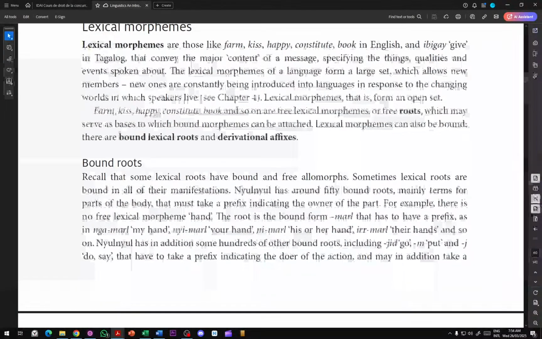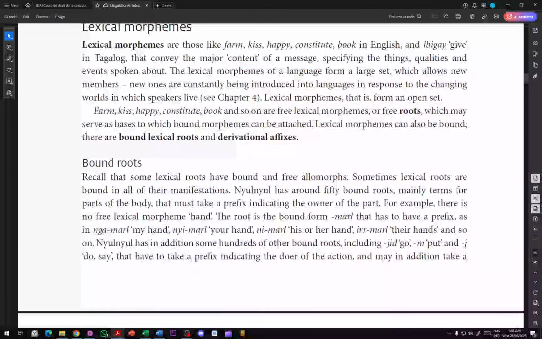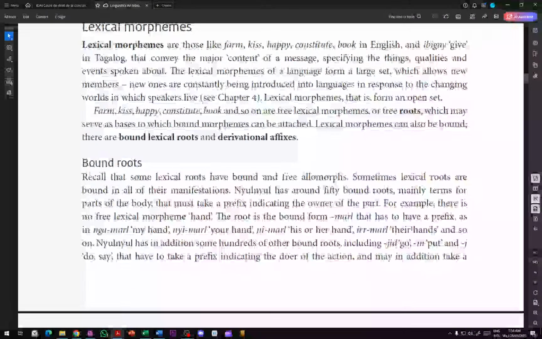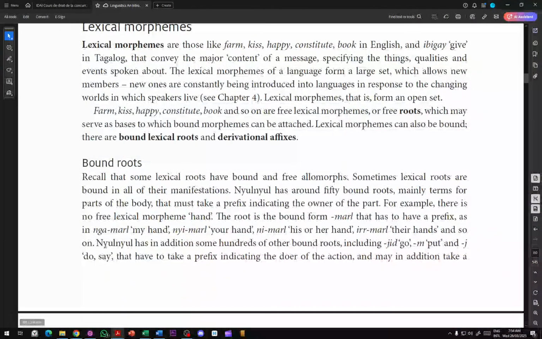The root is the bound form moral, that has to have a prefix, as in ngamarl, my hand, and nimarl, your hand, and nimarl, his or her hand, and moral, the hands, and so on.